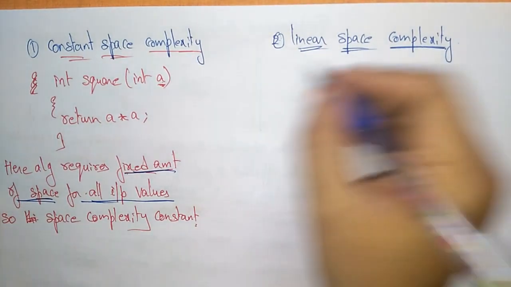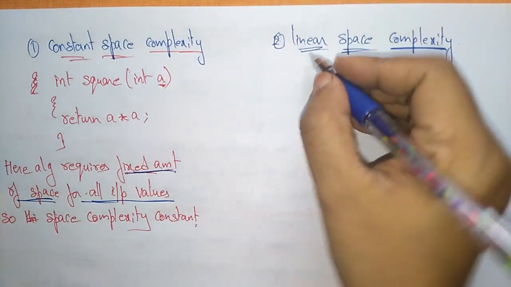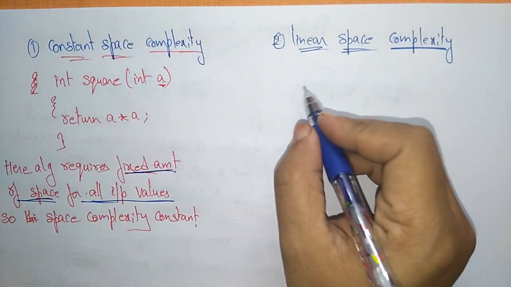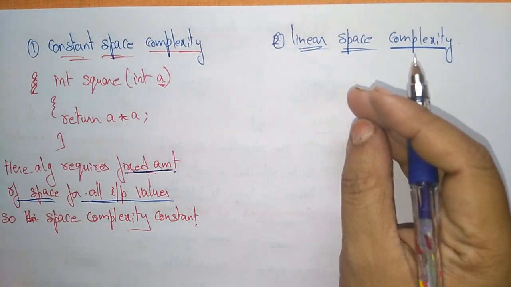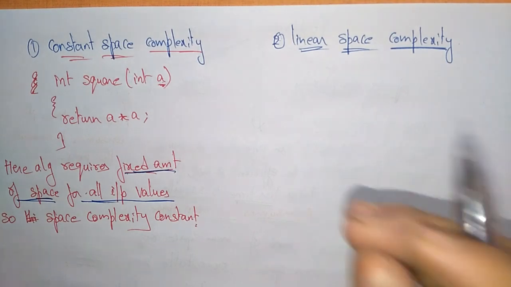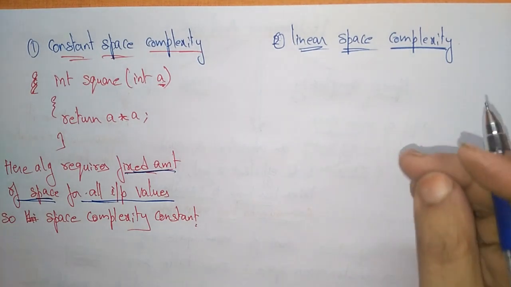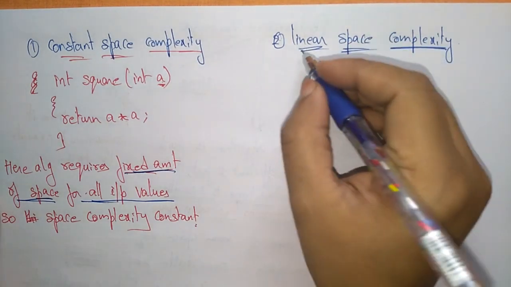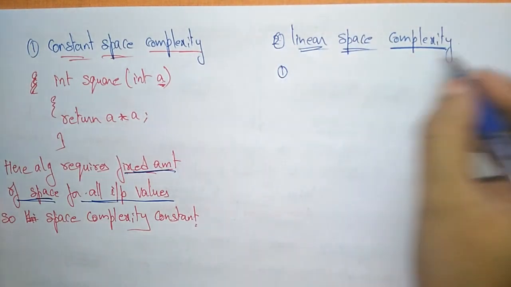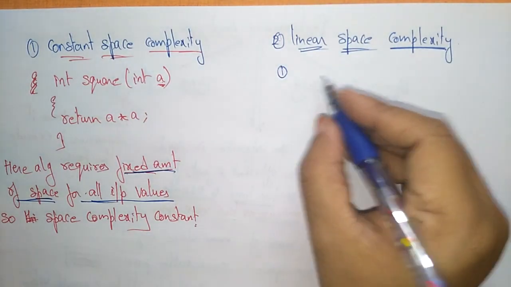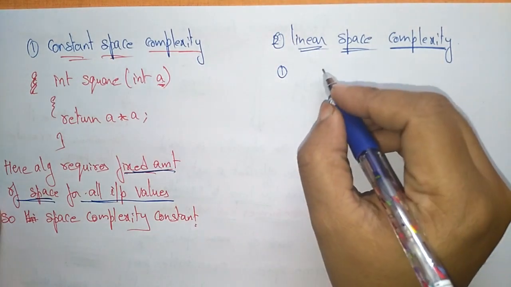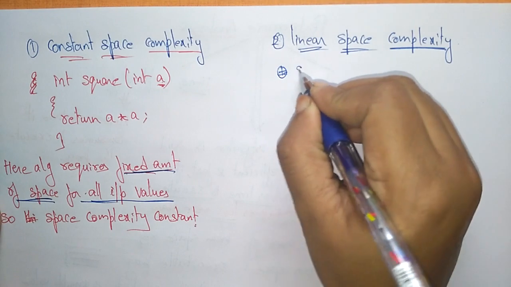Let us take an example. Before that, let us see some of the instructions that you have to follow while calculating the linear space complexity for an algorithm. The space needed for an algorithm can be calculated as follows.